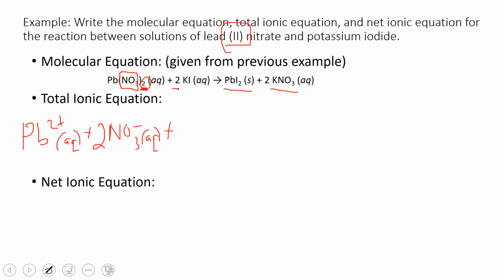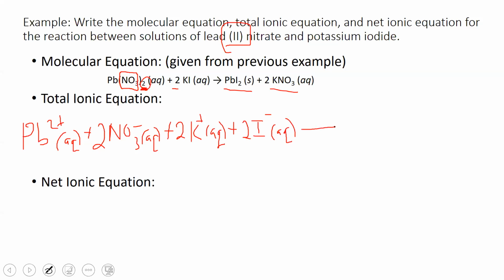That's going to apply to both the potassium and the iodide, because if 1 mole of potassium iodide dissociates into 1 mole of potassium and 1 mole of iodide, then 2 moles of potassium iodide dissociate into 2 moles of potassium and 2 moles of iodide. And you'll express that using stoichiometric coefficients. So 2K plus aqueous, plus 2I minus aqueous.